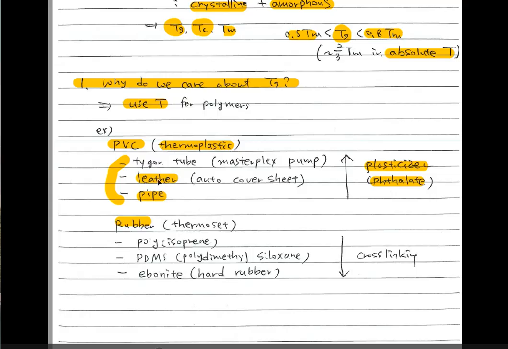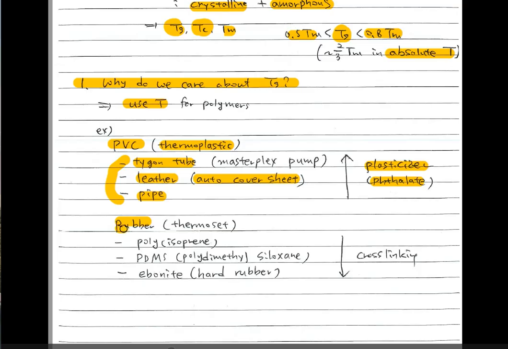For example, this leathery PVC is used for the seat cover in the car. If you add more plasticizer, it becomes the Tygon tube that we usually use in our experimental lab. So although all these three are the same PVC, the only difference is the amount of plasticizer in it. Their properties are quite different.